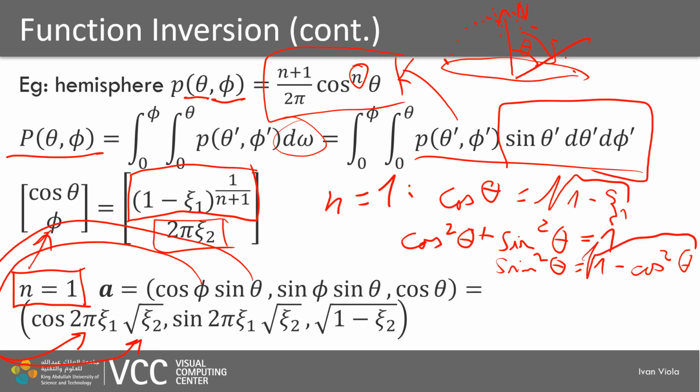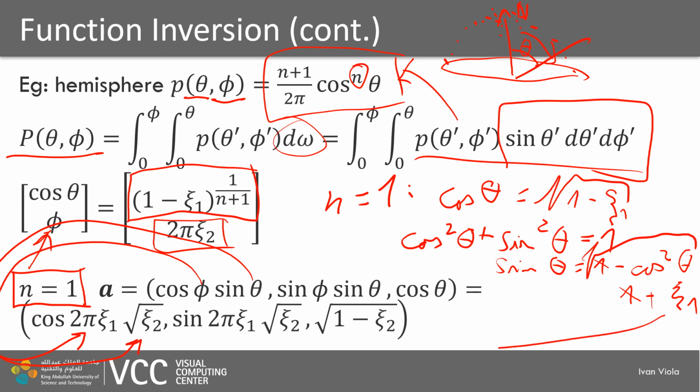and sine theta is then equal to this value. So, our cosine squared is equal to 1 minus the canonical random variable. 1 minus 1 is 0, and minus goes to plus.